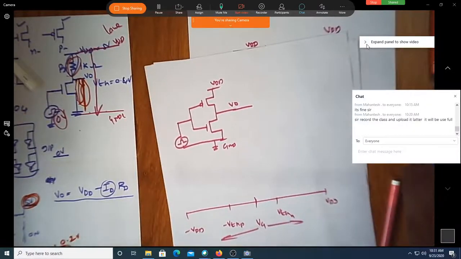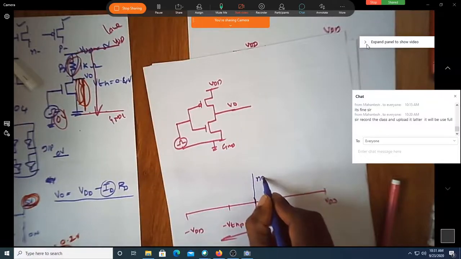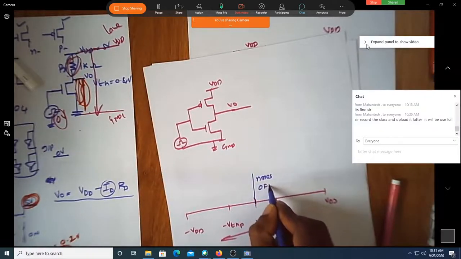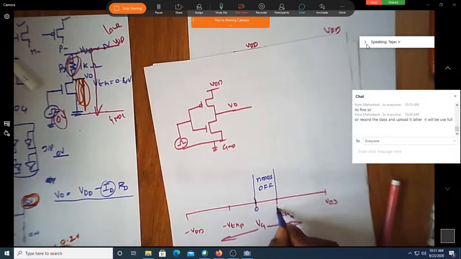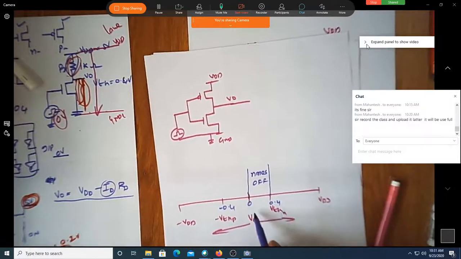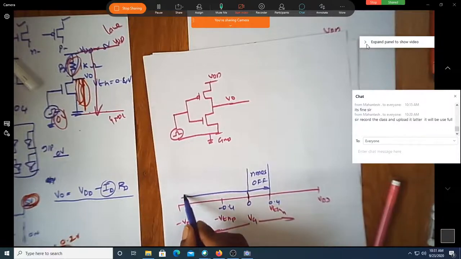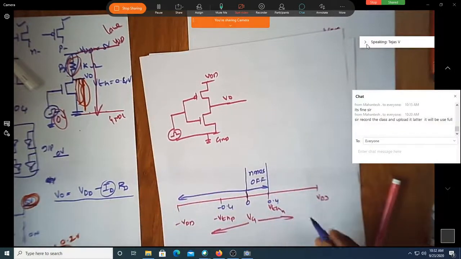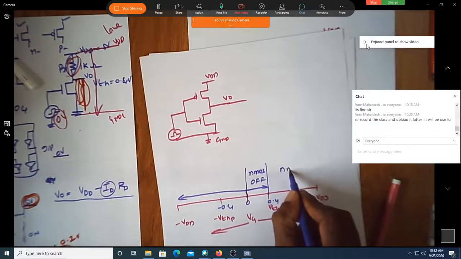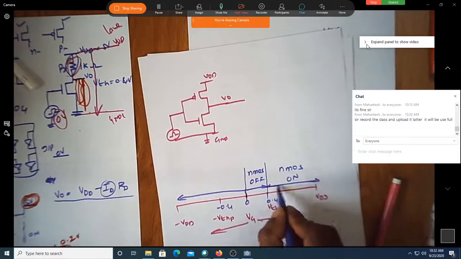For NMOS, is it off between 0 and 0.4? Yes, sir, it is off. If it is negative, is it still off? Yes, sir. NMOS is off even if you apply negative voltage. Is NMOS on here? Yes, sir.